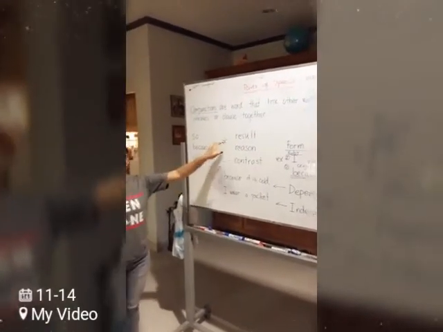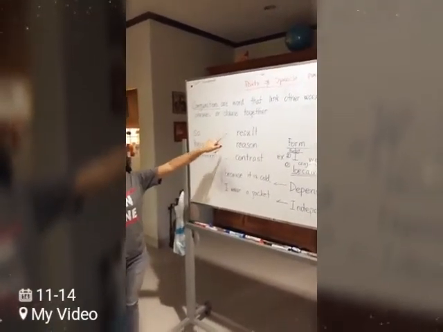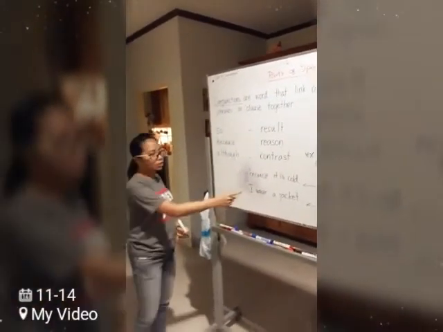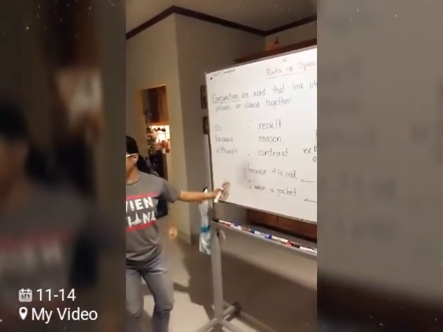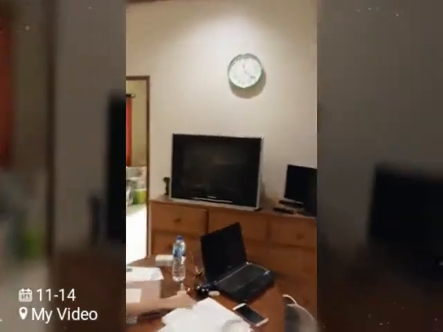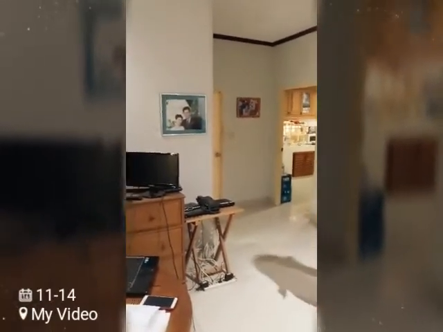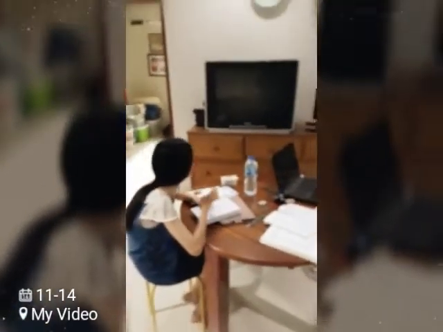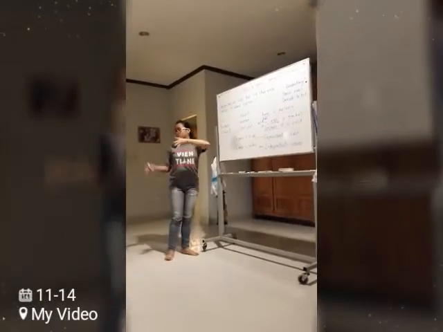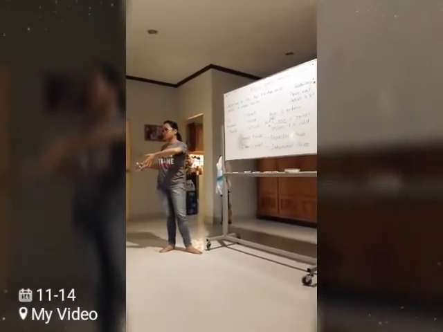Okay. Now, result. Let's go to the word result. Okay, can you write this down first? And then we are going to continue. Write it down. The effect of that reason.